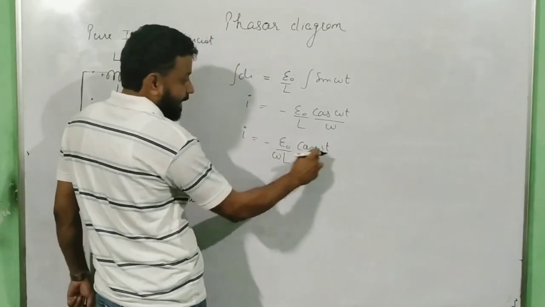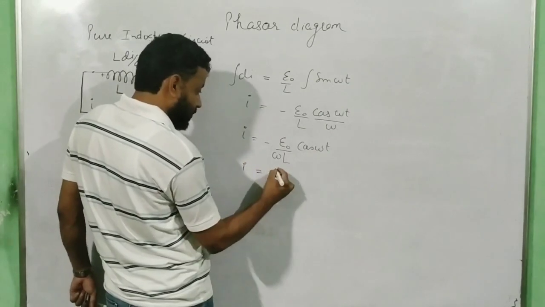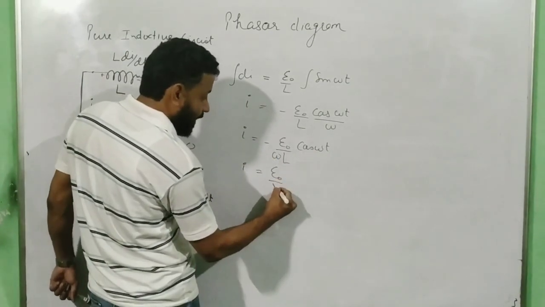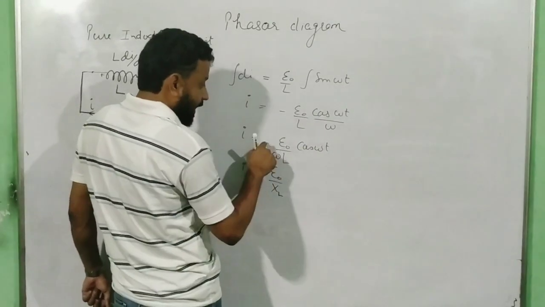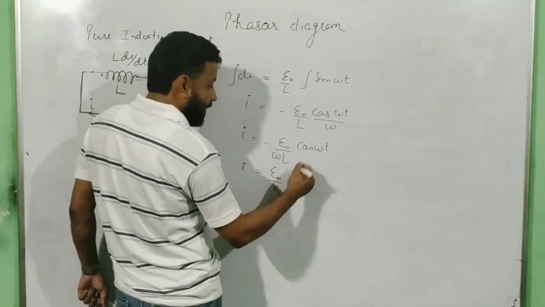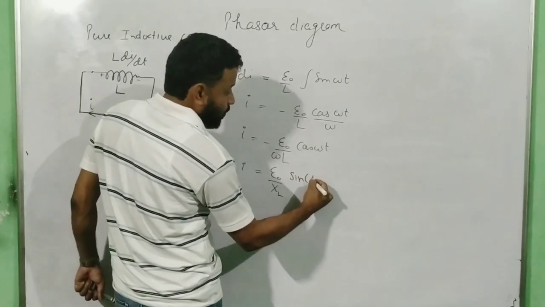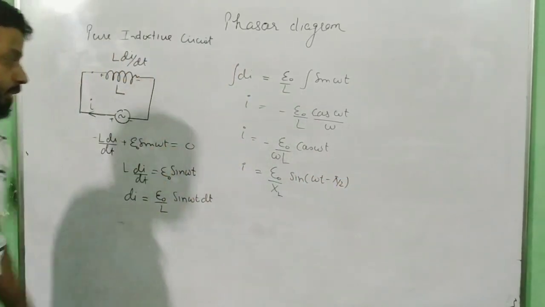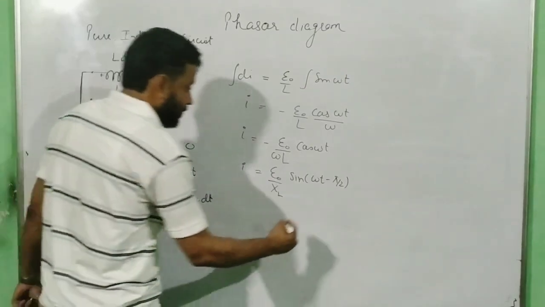Now I can write omega L as XL first, and then write minus cos omega t as sine of omega t minus pi by 2. That's the mathematical trick I am using here.